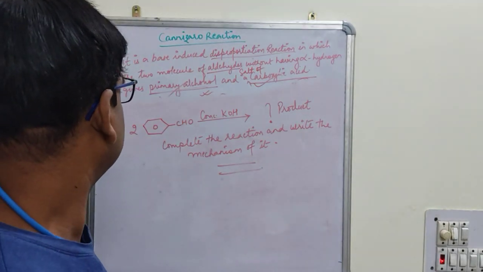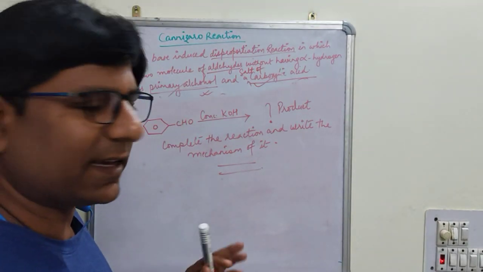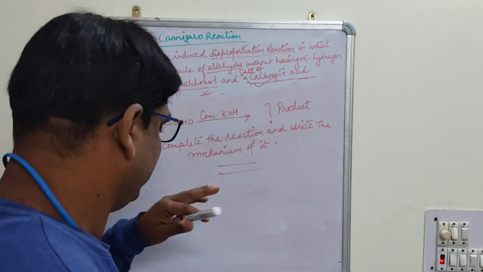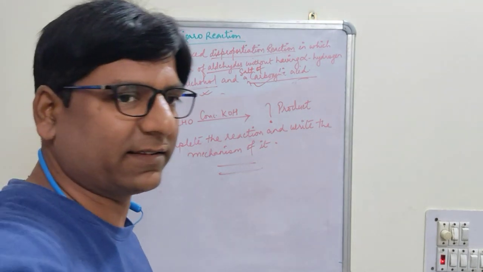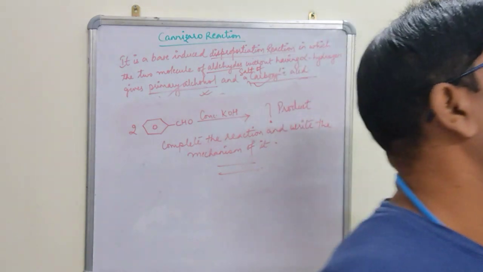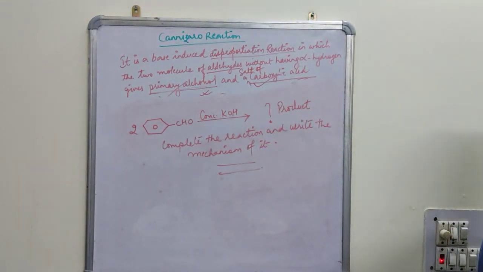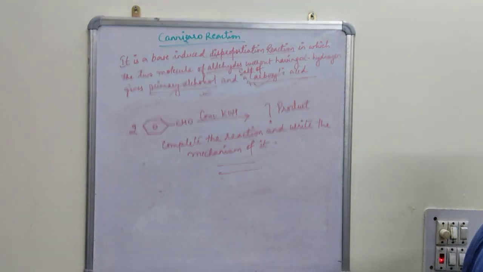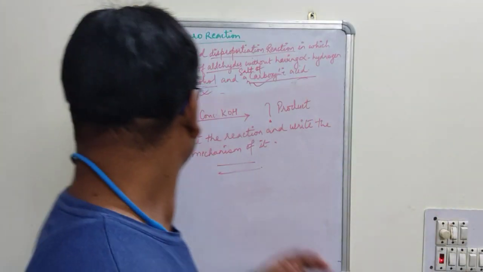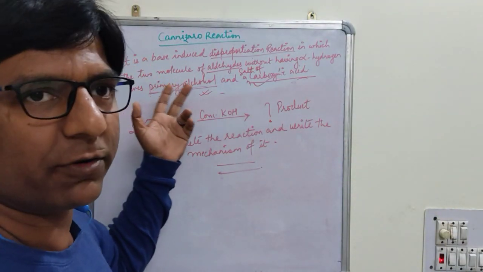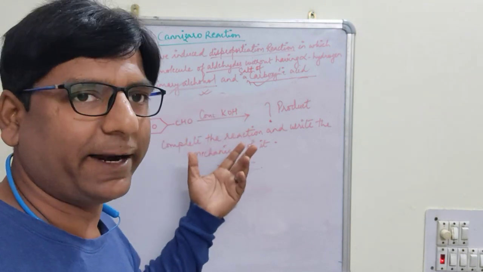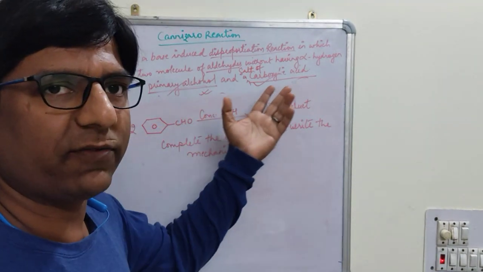So students, if you have understood this Cannizzaro reaction, you will easily solve it. I have taken the example of formaldehyde because it does not contain alpha hydrogen.